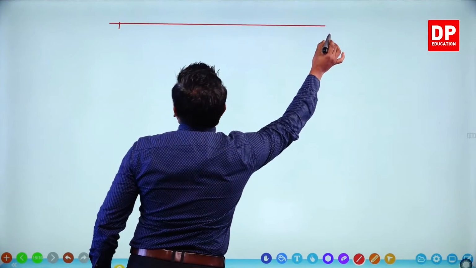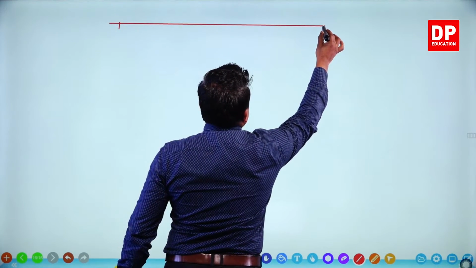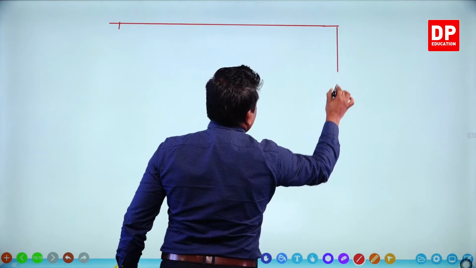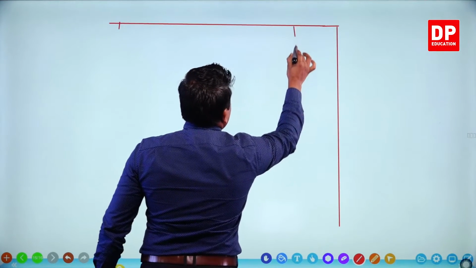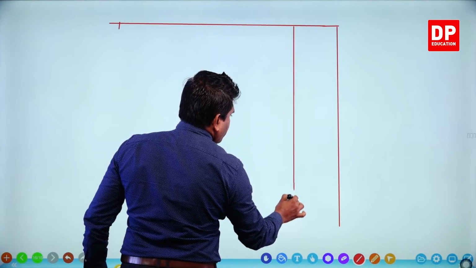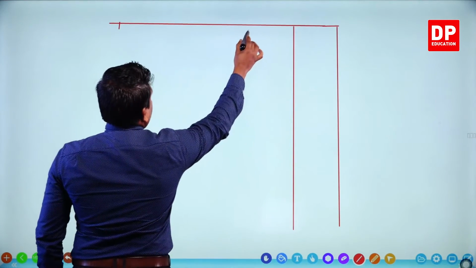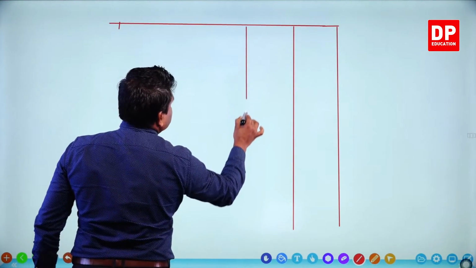You use three columns here. It's easier for you when you do the calculation.